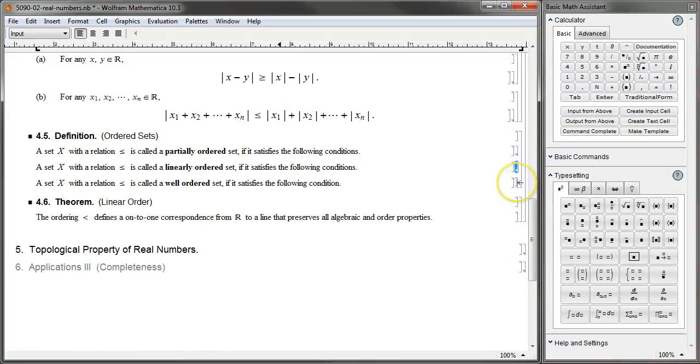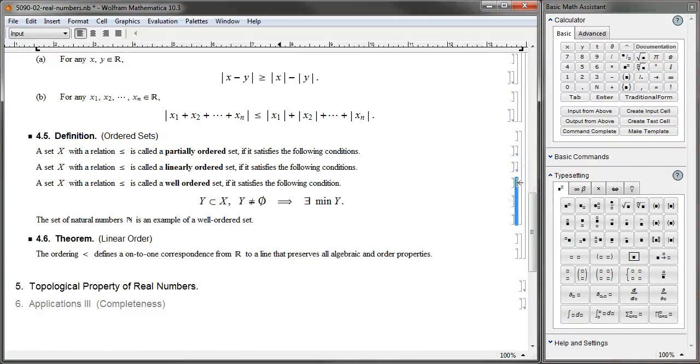A well-ordered set satisfies this condition: every subset has a minimum. An example of a well-ordered set is the set of natural numbers, because no matter what subset I select, there is a smallest element. For example, the integers are not a well-ordered set, because if you select all the negative integers, then there's no such thing as the smallest negative number.